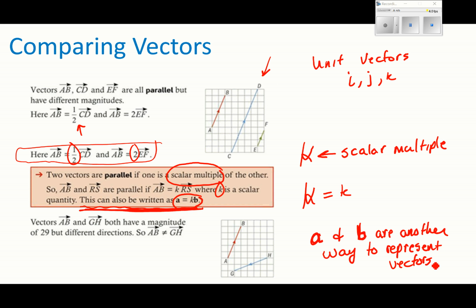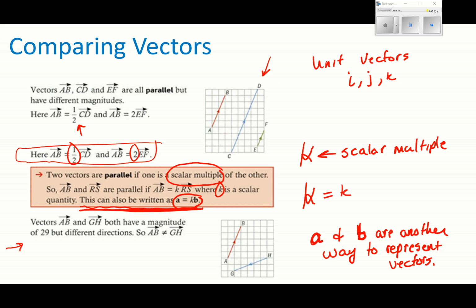You won't see the bold very often except in text. So if you see a bold a or a bold b, that's going to represent some vector. More often than not, though, we'll see it in terms of two variables with a line above it, because the direction is important.